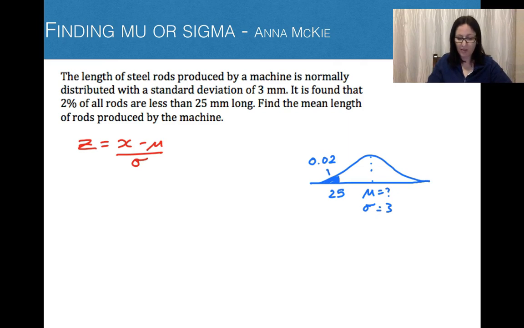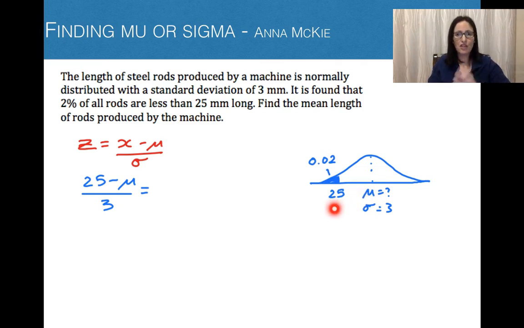So X is 25 in this case. 25 subtract mean, well, that's the one we don't know, over the standard deviation, we do know that that's 3, equals a Z-score. So we don't know that yet. What would that be trying to find? The Z-score of that 25 would tell us how many standard deviations away from the mean 25 is.